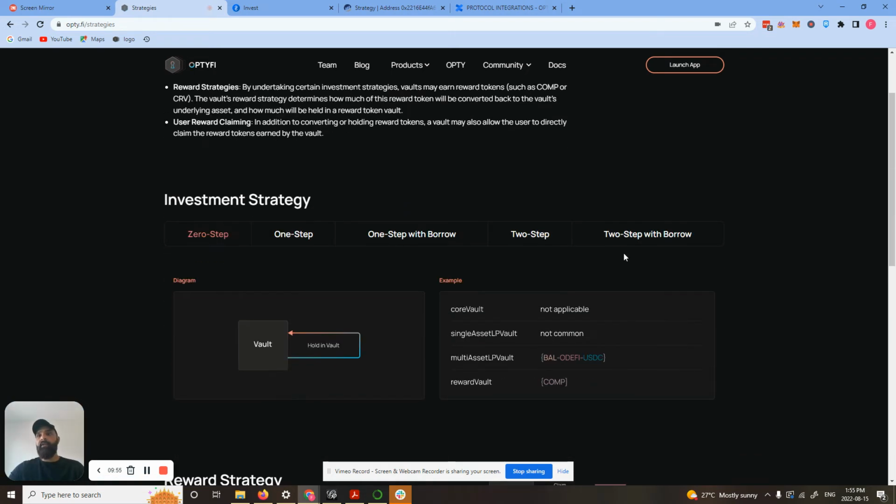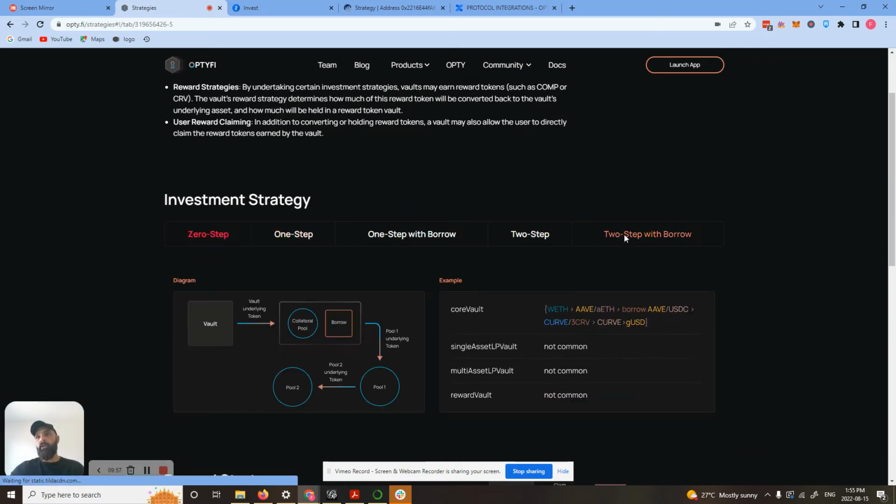We can send our smart contracts this line, for example: WETH, deposit into Aave, borrow USDC from Aave, deposit into Curve 3 Curve pool, and then further deposit that into Curve GUSD pool. So that one-liner is an entire contract because of the way we developed our smart contracts.